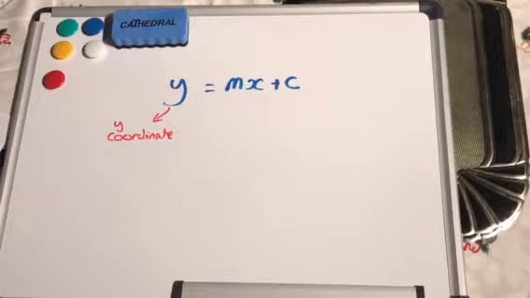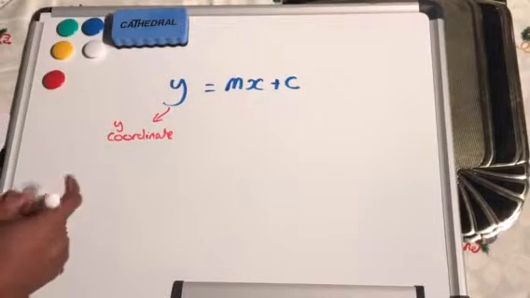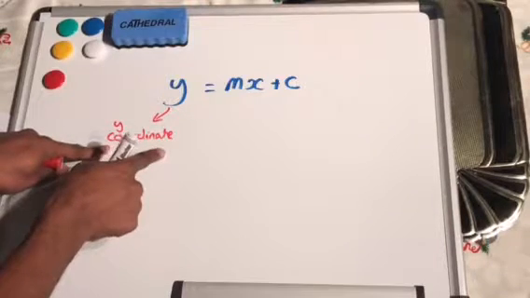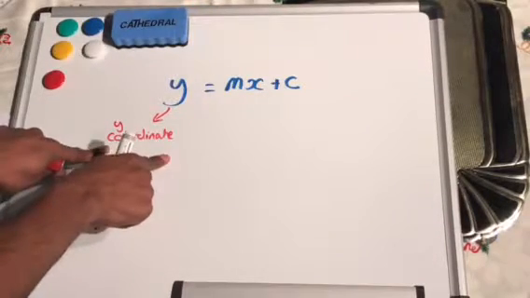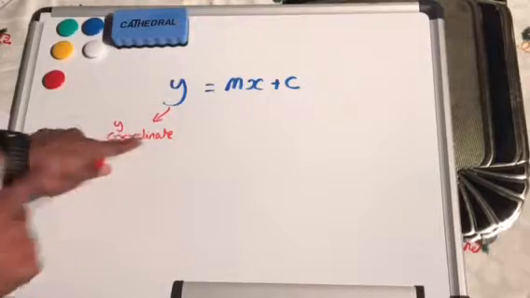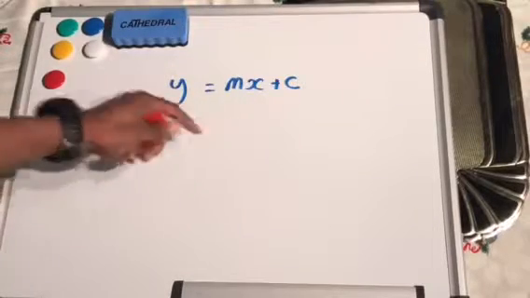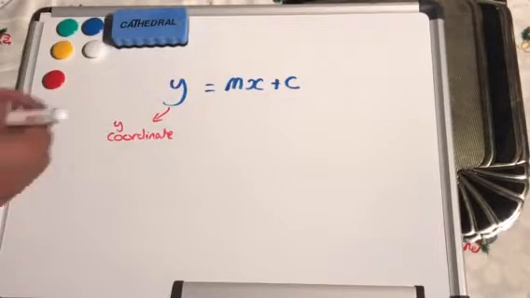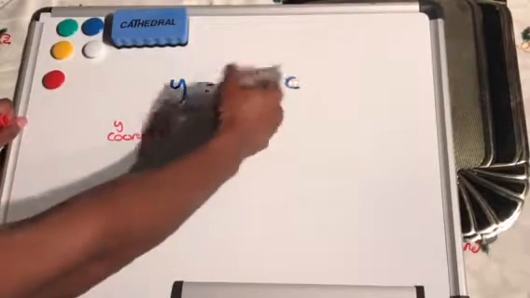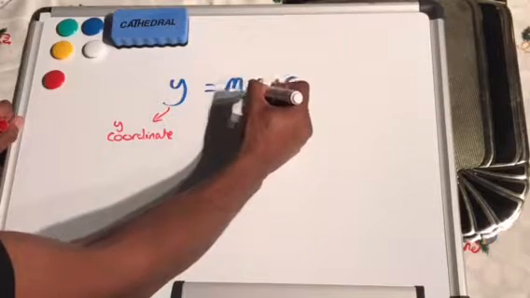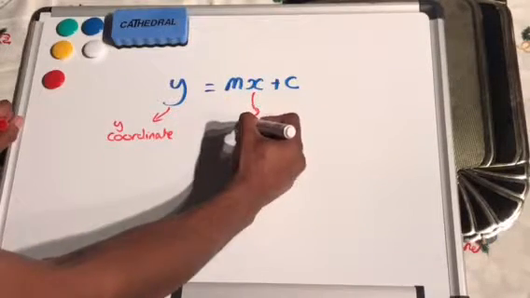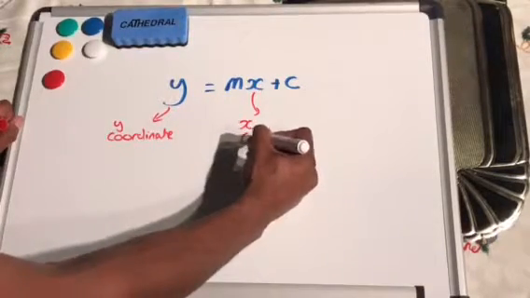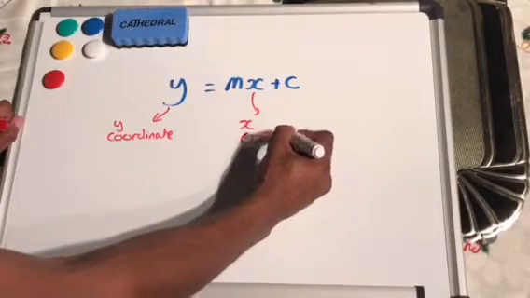You could argue mathematically that this is a y ordinate rather than a coordinate, and x is an x ordinate. Together they make a coordinate because they cooperate together. But we're used to saying y coordinate and x coordinate, so we'll stay that way. The x coordinate is obviously the other one that varies depending on where you are on the line.